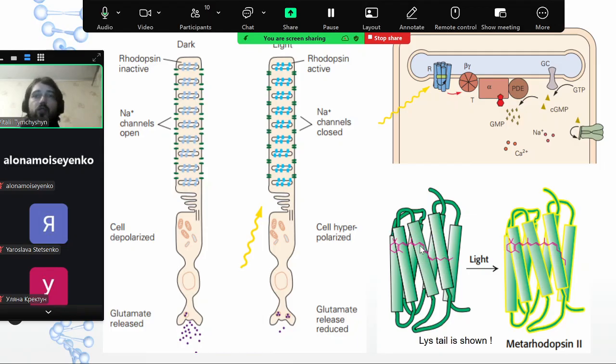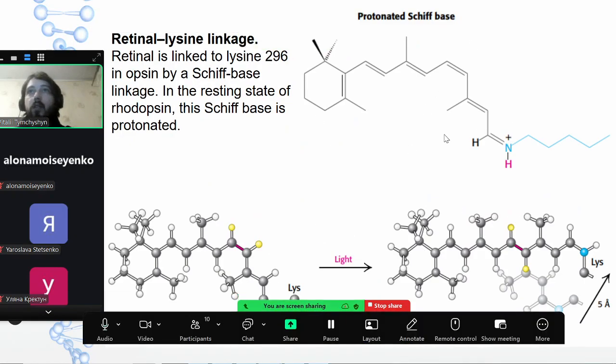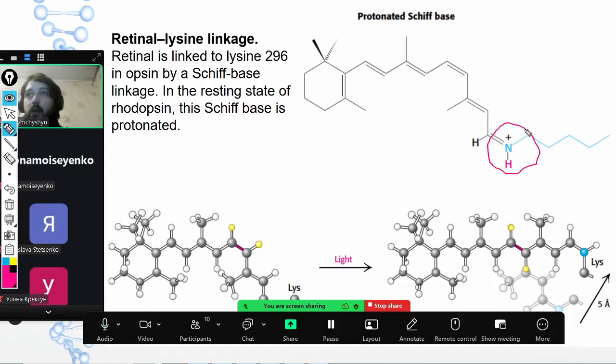I will show you the formula, I guess, basically in this slide. So here you see the protonated Schiff base. Schiff base because we have this part, a double bond with nitrogen. It's protonated, it has this proton, and with this proton comes some positive charge.